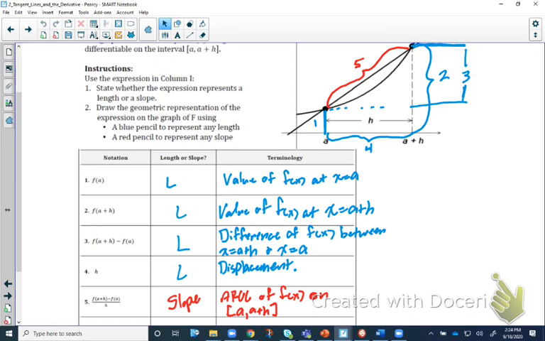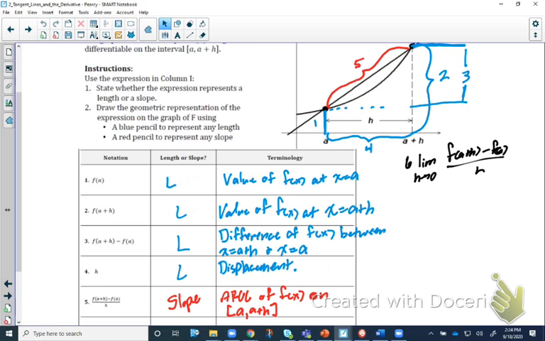Now 6, which kind of got cut off on my screen here, okay, so we'll do 6 here. 6 is giving us the limit as h approaches 0 of f of a plus h minus f of a over h. This is the limit definition. The 5 is just a difference quotient. This is the limit definition of the derivative. That's actually the slope of a line tangent to a point. In this case, we're talking about point a. So 6 is going to be the slope of a tangent line.